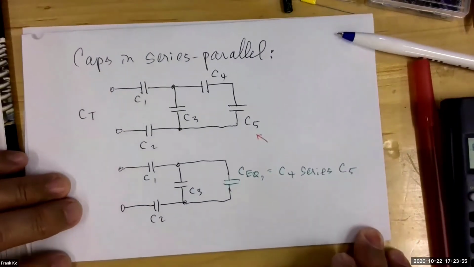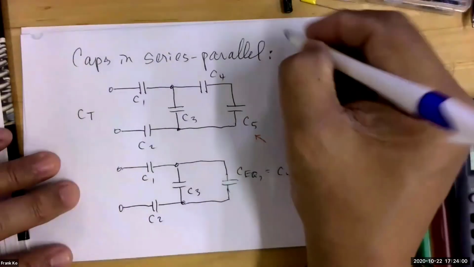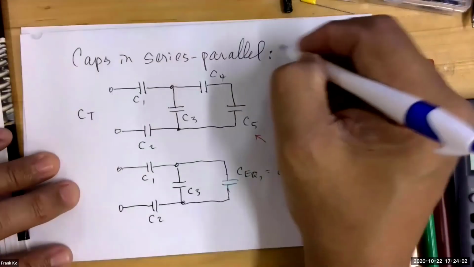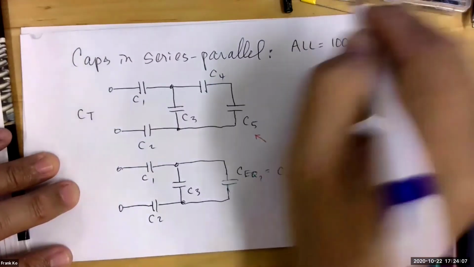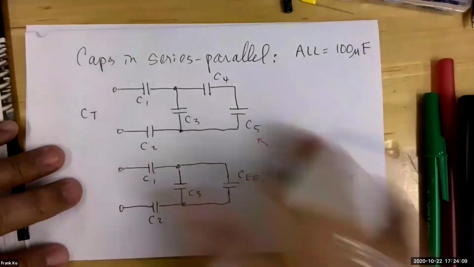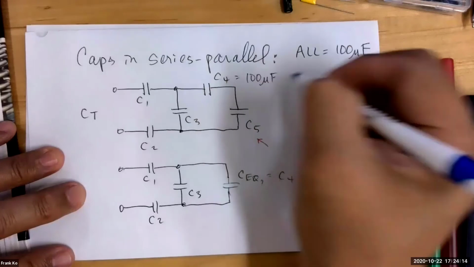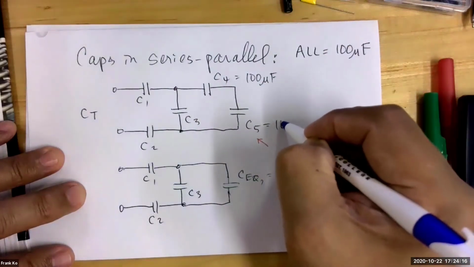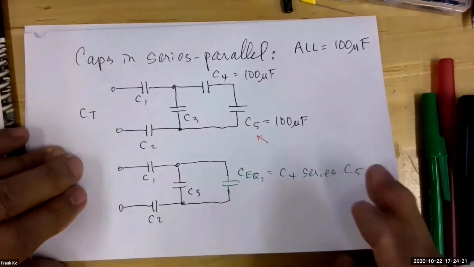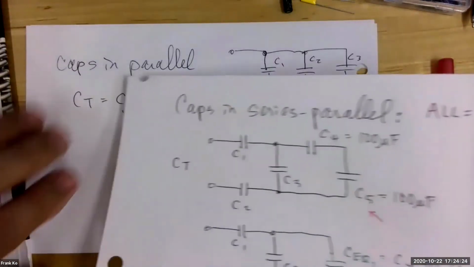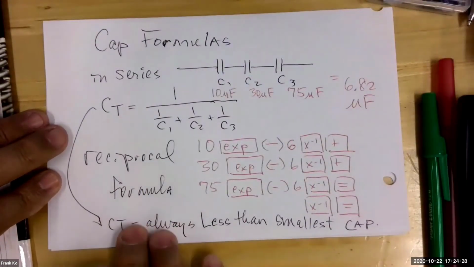How do I handle capacitors in series? And let me give you some quick numbers. Let's say all equal 100 microfarads. That'll just keep things simple for us, okay? All of these are 100 microfarads. So if this one is 100 microfarads and this one is 100 microfarads, and they're in series, what did we use to calculate capacitors that were in series? Didn't we use the reciprocal formula for series capacitors?